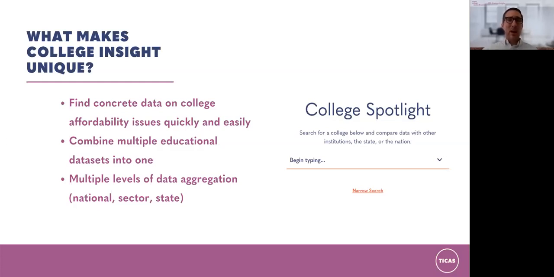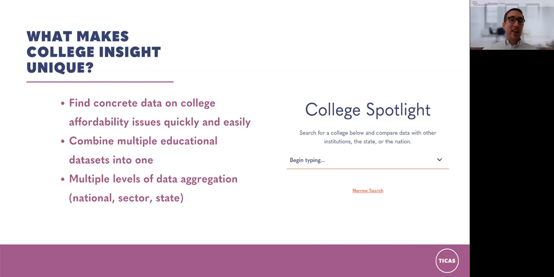A little bit more about College Insight and really what is unique about the tools we offer. First of all, as I've noted before, it's just a very easy way to access concrete data related to affordability and student debt. Also, we pull in data from a wide range of sources, and that allows users to look at the relationships between variables that come from a variety of sources.